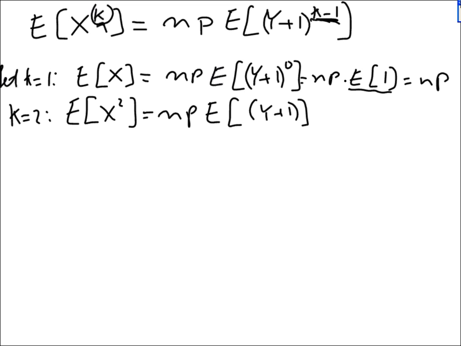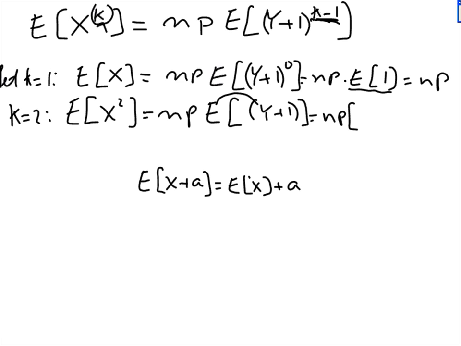Now, remember, the expected value of x plus a is just E of x plus a. It's just E of y, which is np. So we have np times np plus 1, with one exception. It's n minus 1.